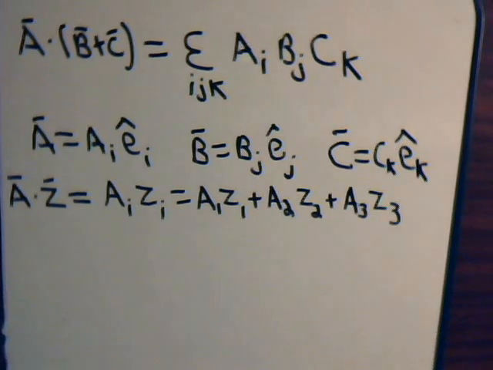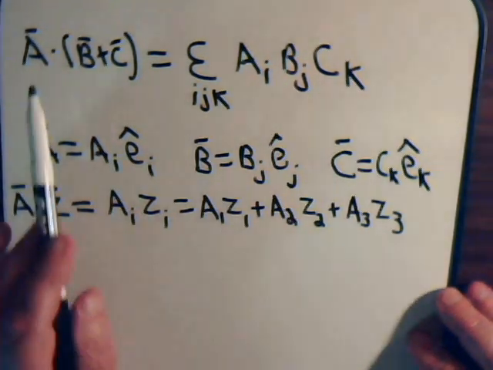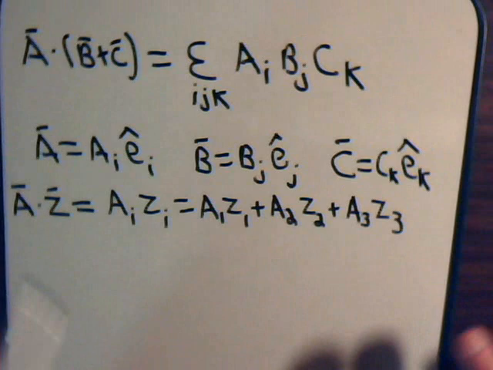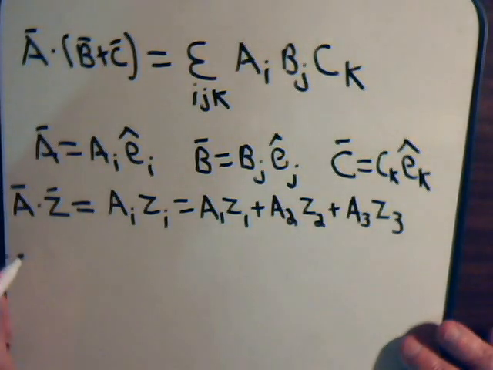Well, here we want to take the dot product of A and B cross C, so let's write this out in component form.